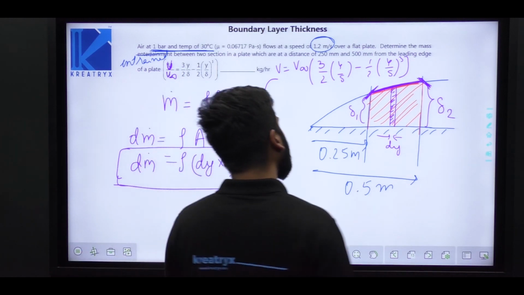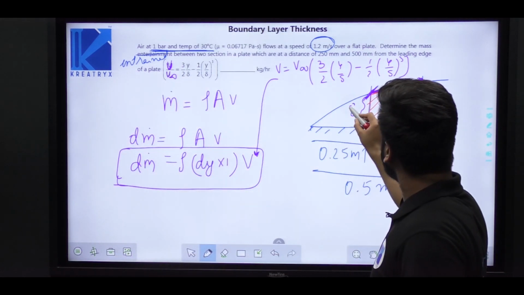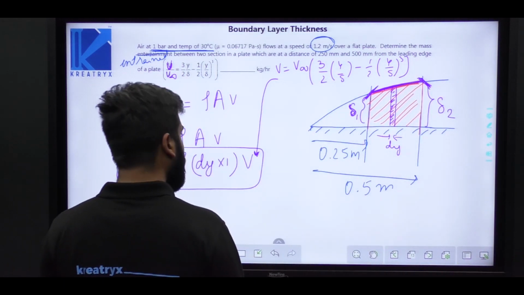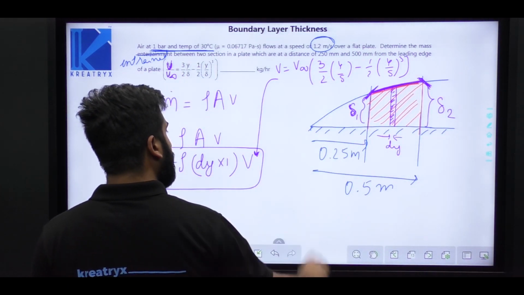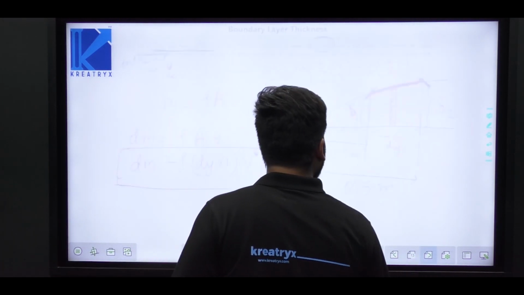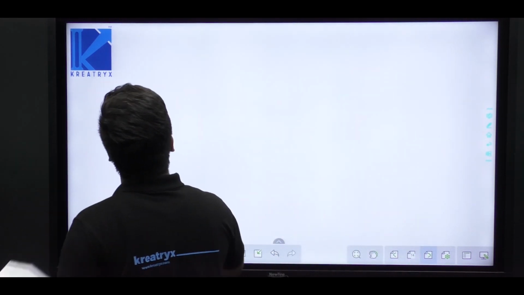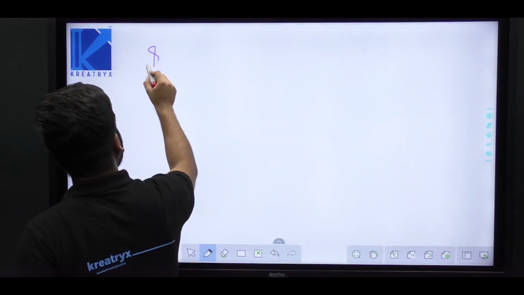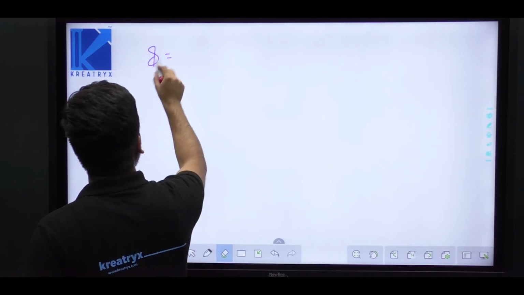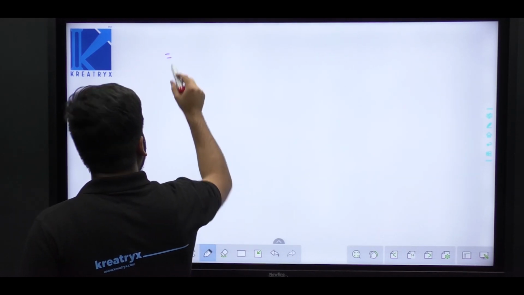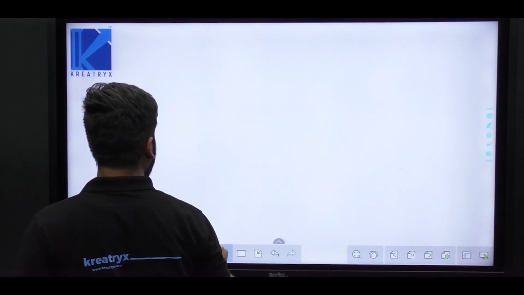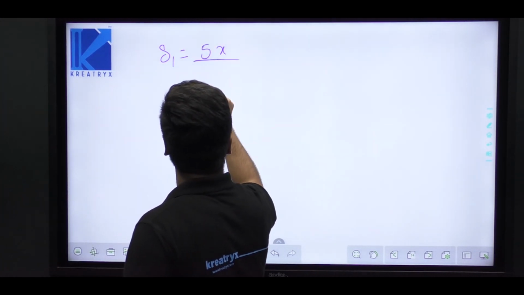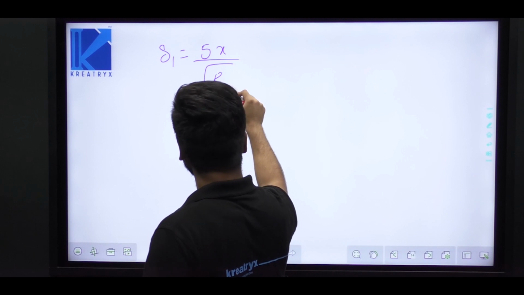So all you have to do is find the boundary layer thickness first at 0.25 meters and the boundary layer thickness formed at 0.5 meters. Delta 1 is given by 5x by root Re_x.